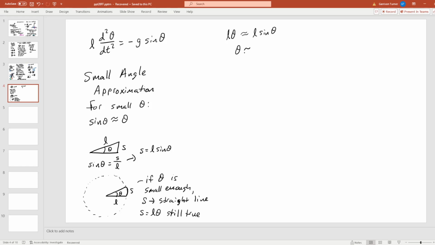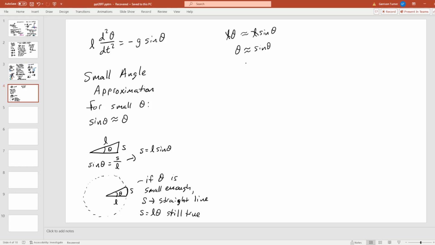And I see that my L's cancel out, and theta is approximately equal to sine theta, under this condition that theta is small enough.